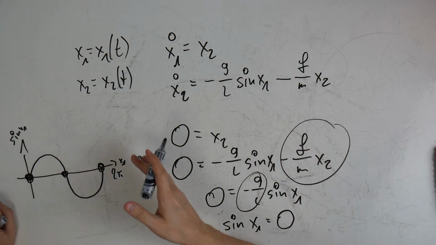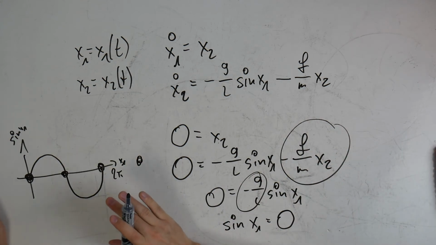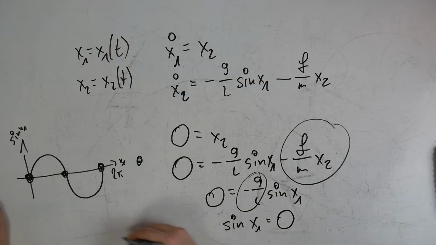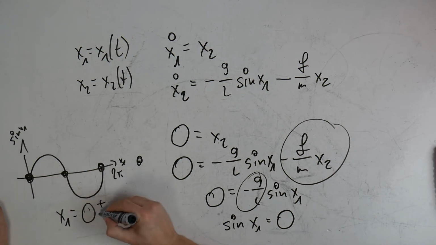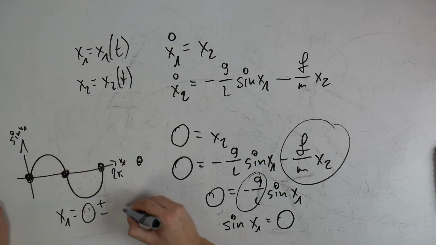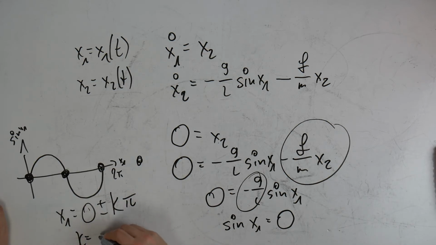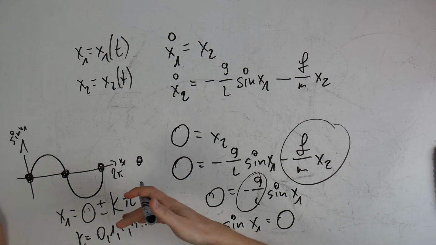There is an infinite number of points where it is 0. And in general, they have the form of 0 plus or minus k times pi, where k is 0, 1, 2, 3, etc. Okay, seems easy enough. That means there is an infinite number.